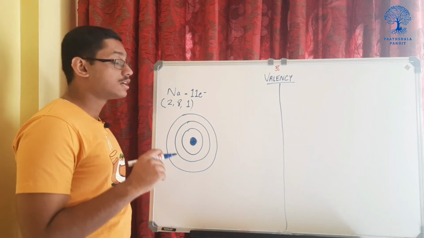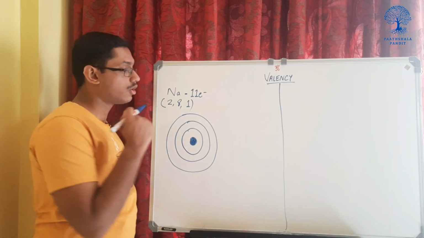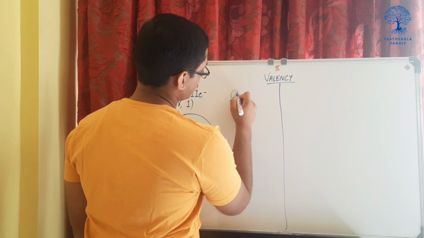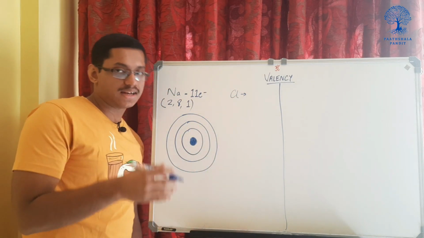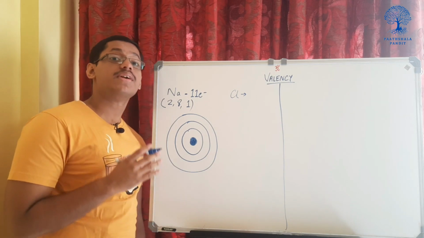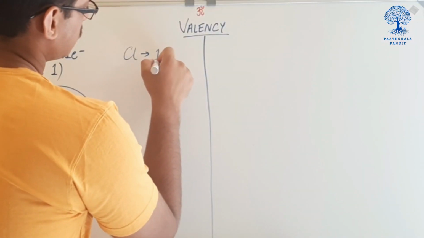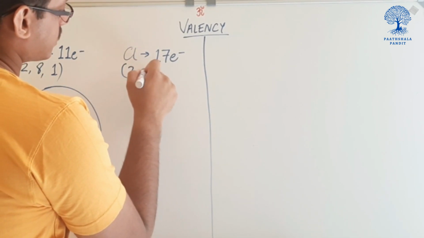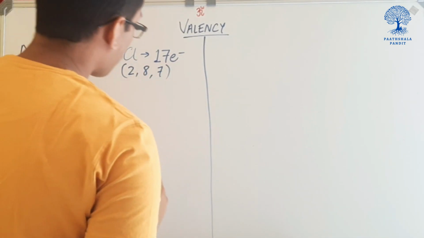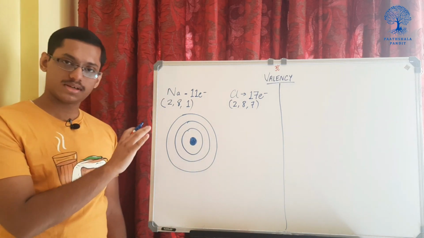Now let's draw chlorine. Okay, chlorine. What is chlorine actually? It has 17 electrons, and its electronic configuration will be 2 8 and 7. Okay, done.